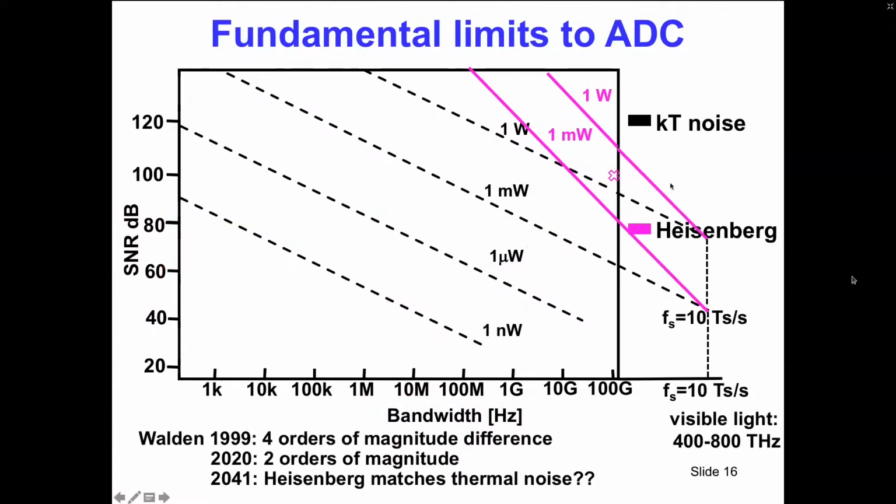While Walden in 99 still reported 4 orders of magnitude, we now see in the plot there's 2 orders of magnitude, and so when your grandchildren start working in industry, I would not be surprised we see the first problems with this fundamental limit on Heisenberg.